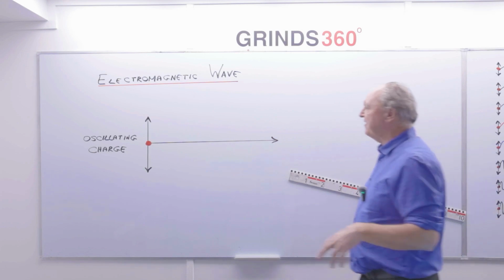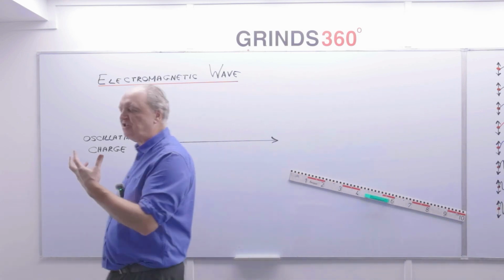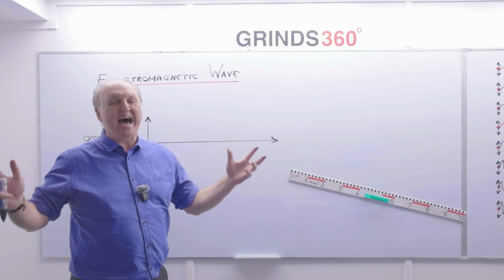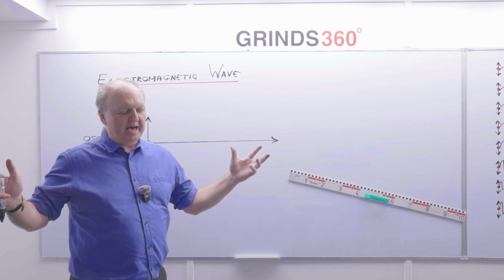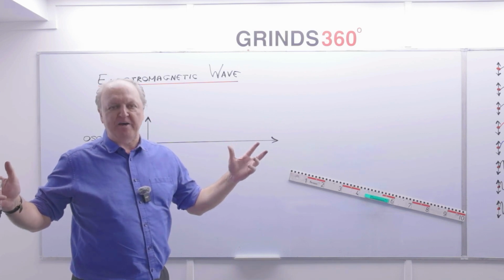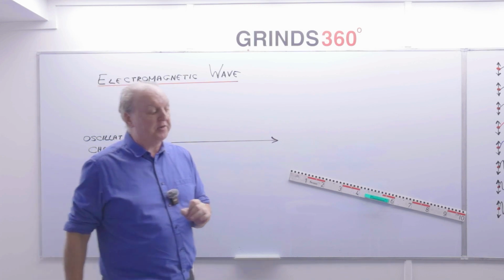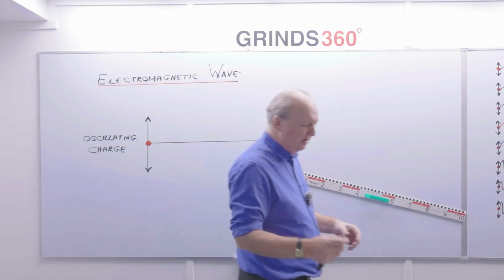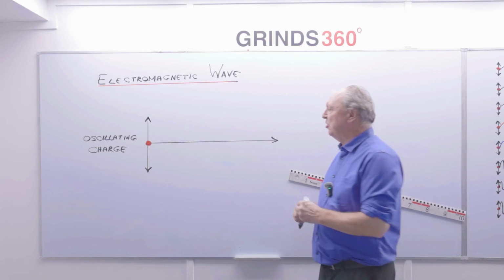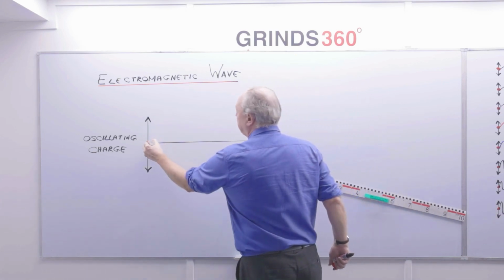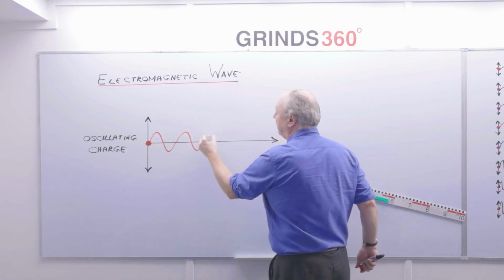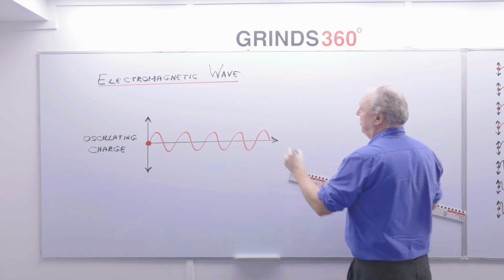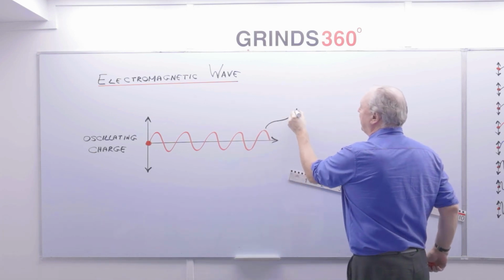Here I have an oscillating charge like an electron. The charge is surrounded by an electric field. And when the charge goes up and down, it disturbs the electric field, just like dropping a stone into a pond where the ripples travel out. So as that charge goes up and down, you will get this electric field that travels out like that. So that wave represents your electric field.